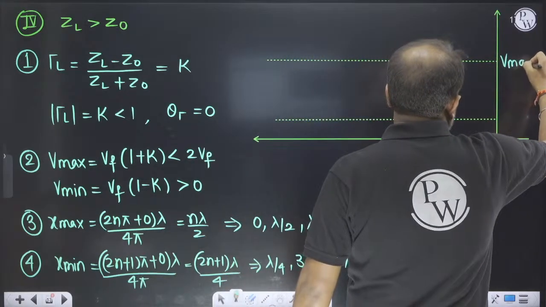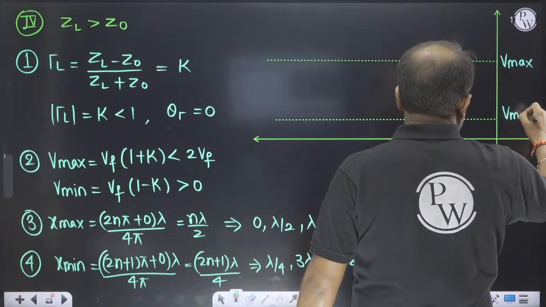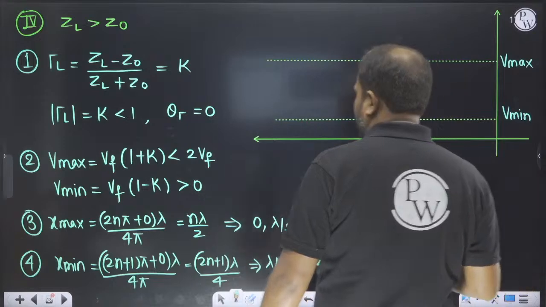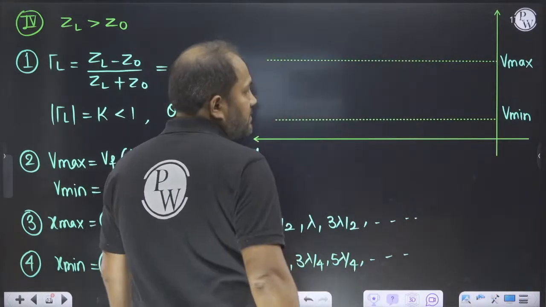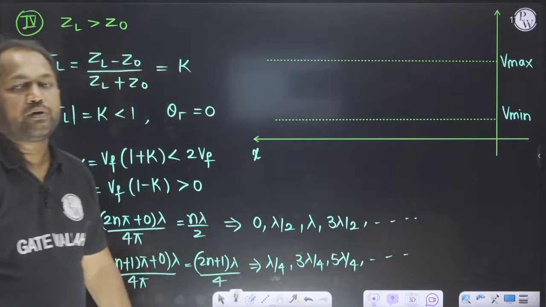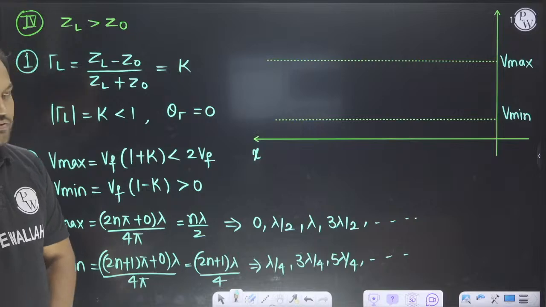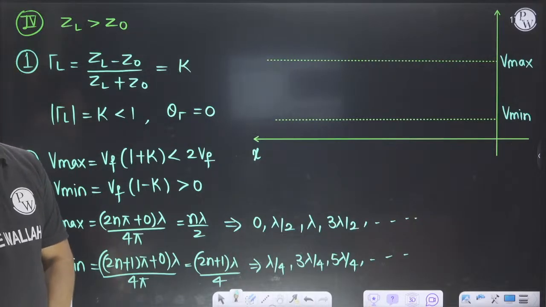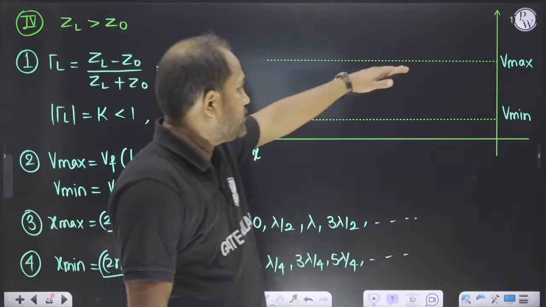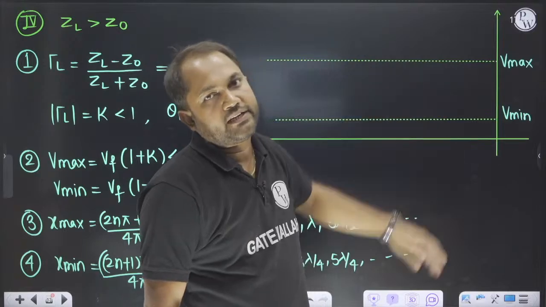So this is Vmax, this is Vmin, and this one is our x. So it goes from greater than 0 to less than 2 Vf.